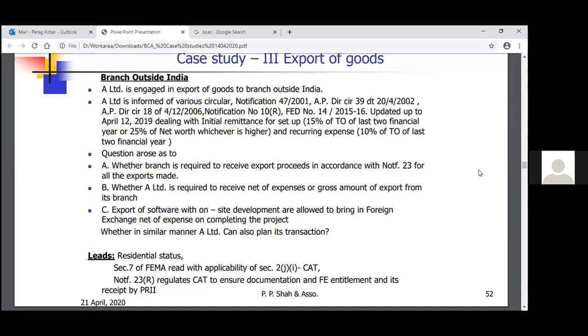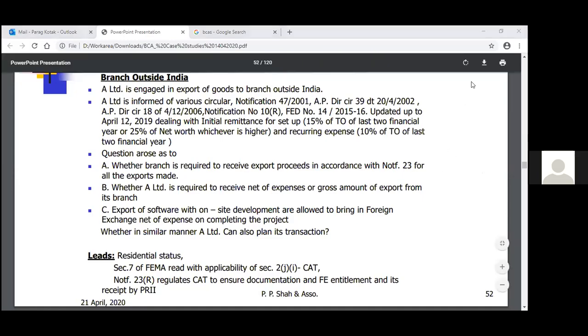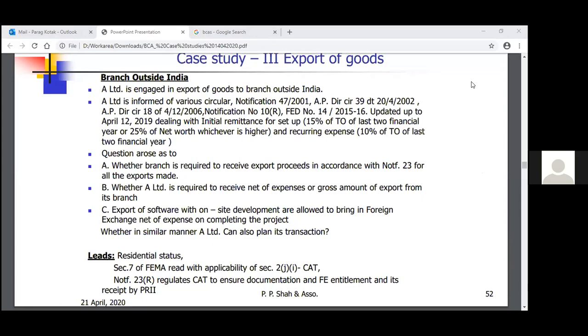We are all aware of the provisions on a branch outside India by virtue of 10R and earlier Circular 47 and Circular 18 of 2006, that 10%, 15% and 25%, and 10% each year can be remitted outside India for the maintenance of the branch.